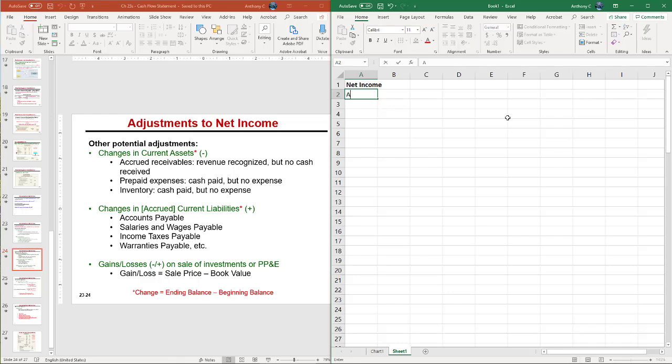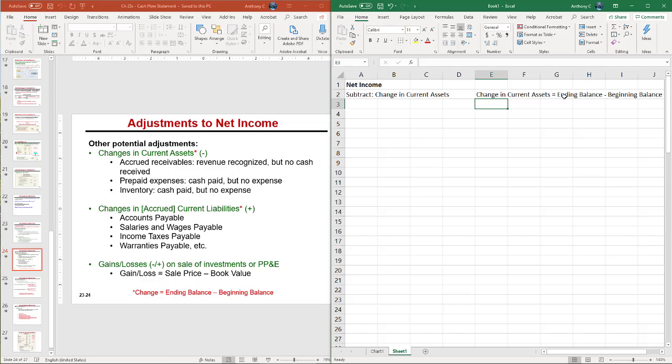More generally, we're going to subtract out the change in current assets from net income. When I say change in current assets, I mean take the ending balance and subtract out the beginning balance.